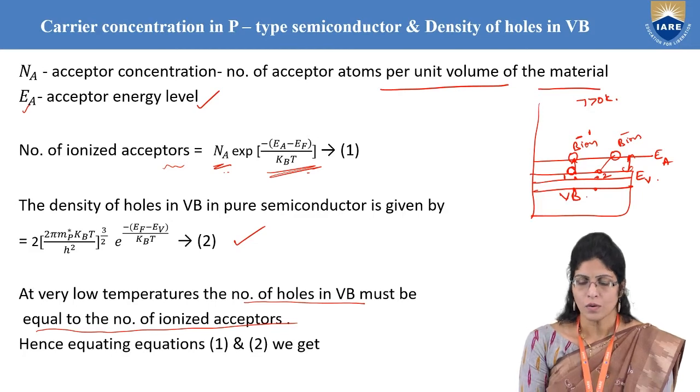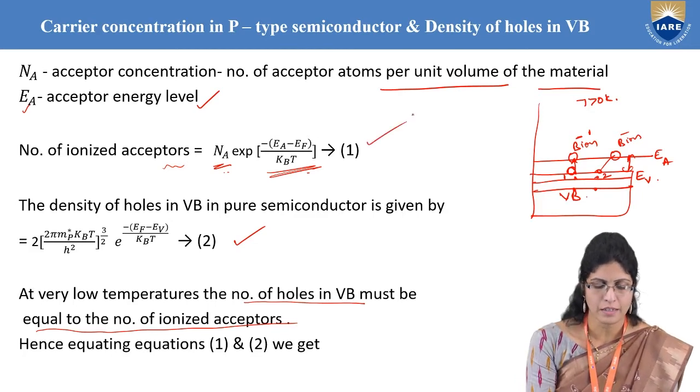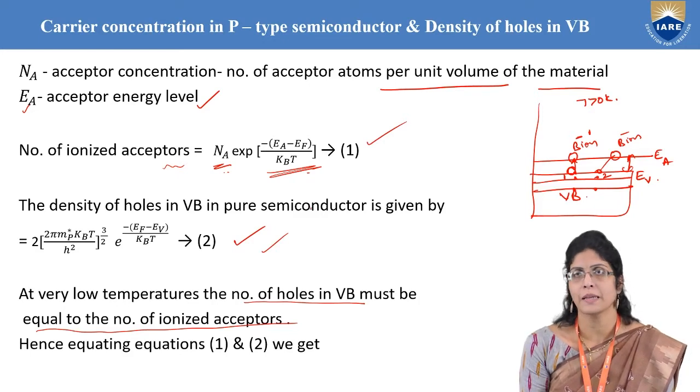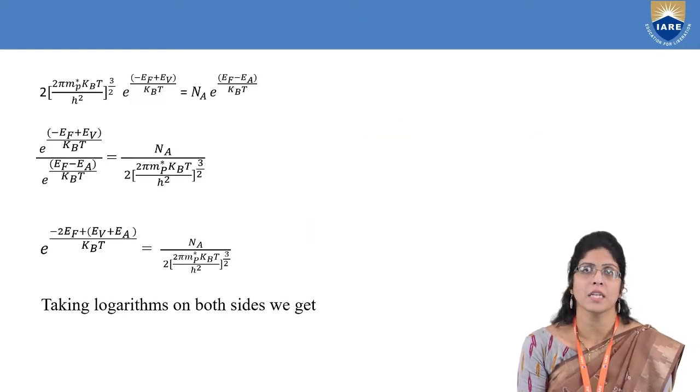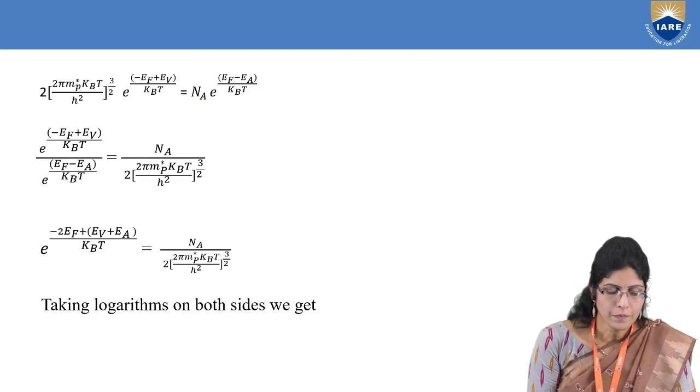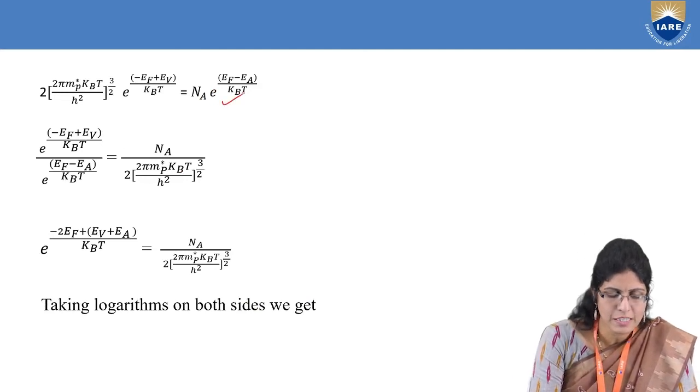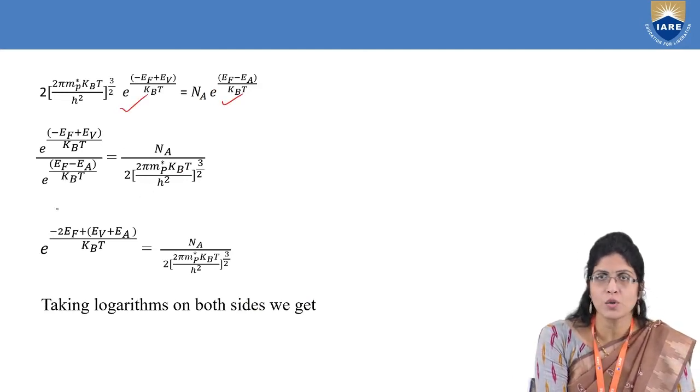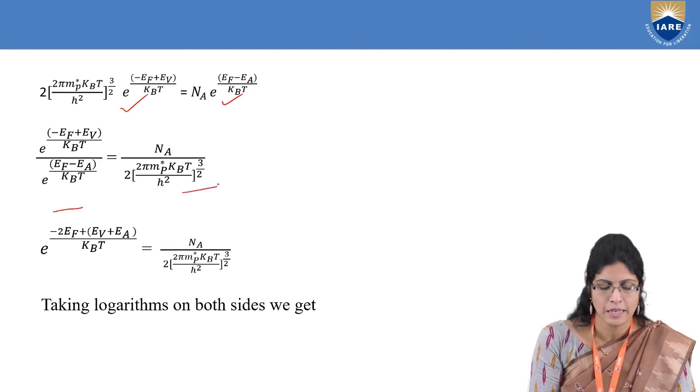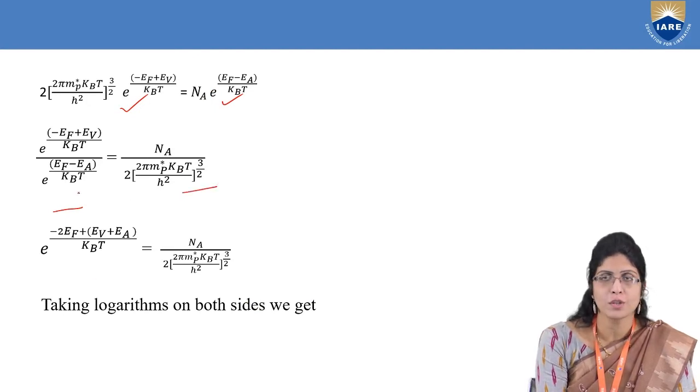Now you have the number of ionized acceptors and the density of holes; equate both of them and solve for EF. Before solving for EF, you have exponentials: bring the exponentials to one side and the rest to the other side, and e to the power m by e to the power n is equal to e to the power m minus n.